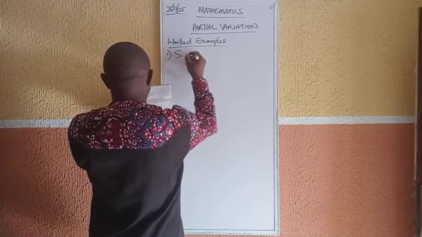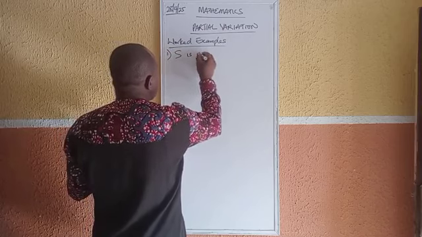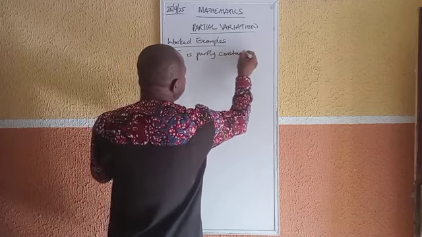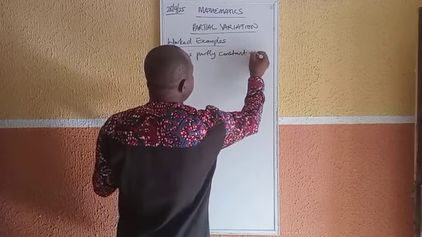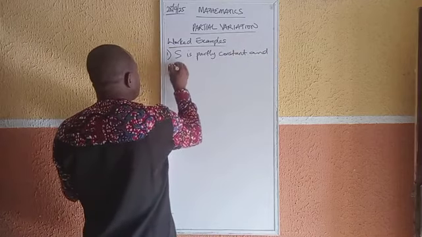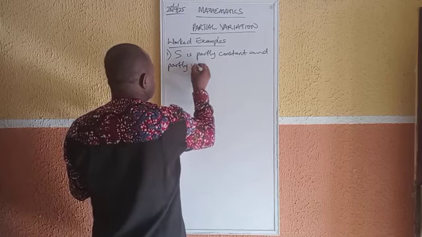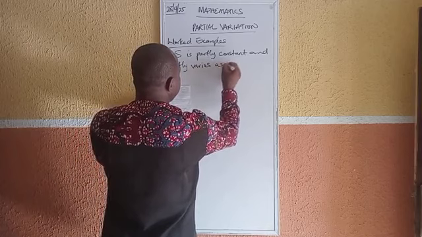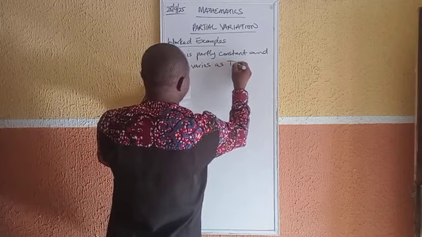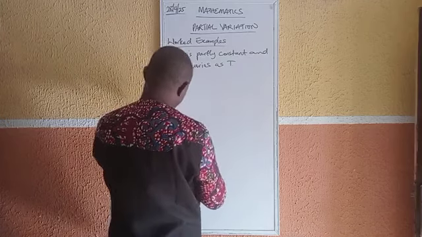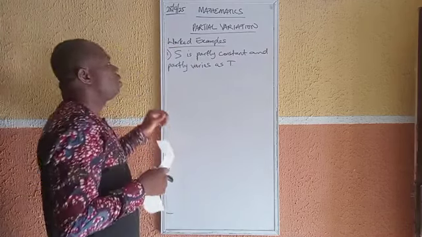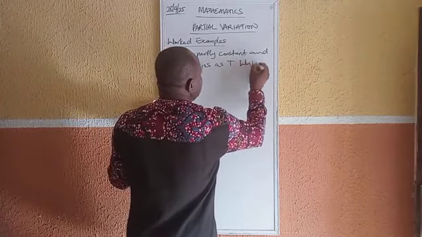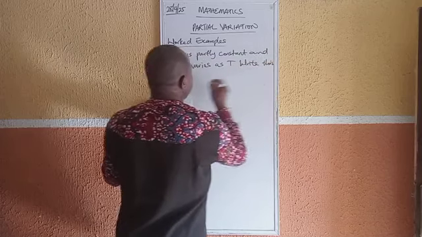One, S is partly constant and partly varies as T. Write this relationship.